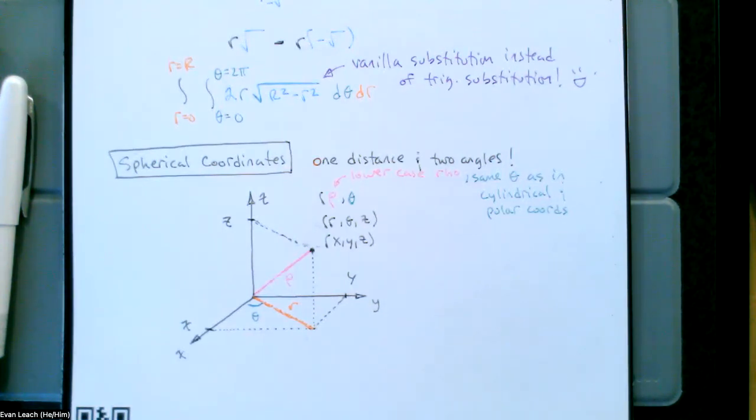We need a third coordinate, which is going to be another angle. Theta is measured from the positive x-axis. I need something involving the up and down. So our third coordinate will be phi, the angle measured from the positive z-axis.